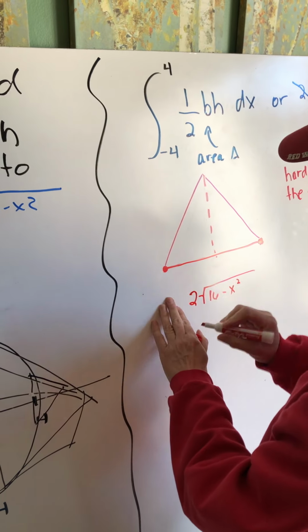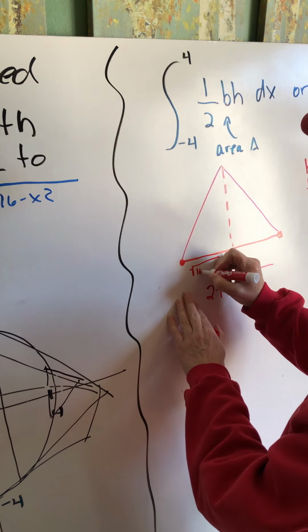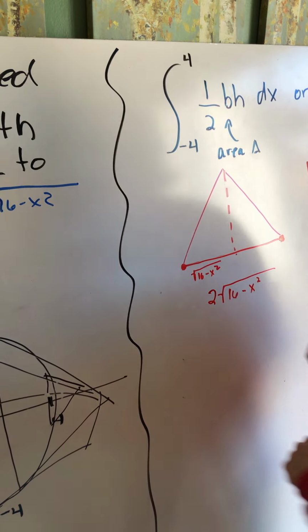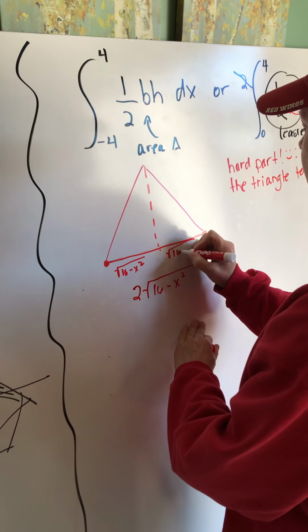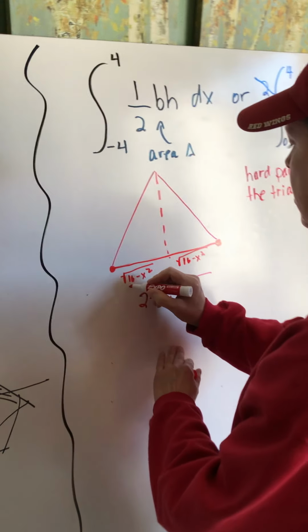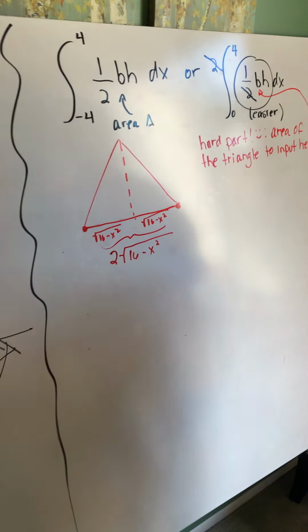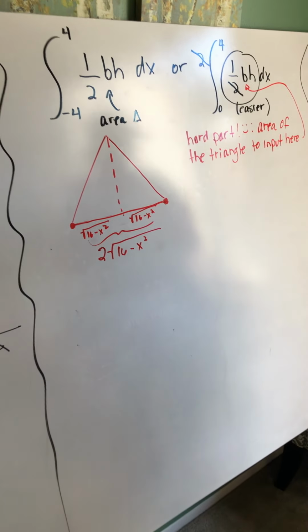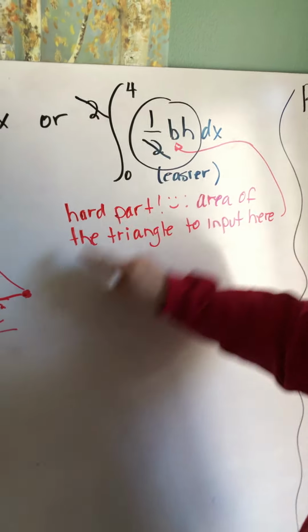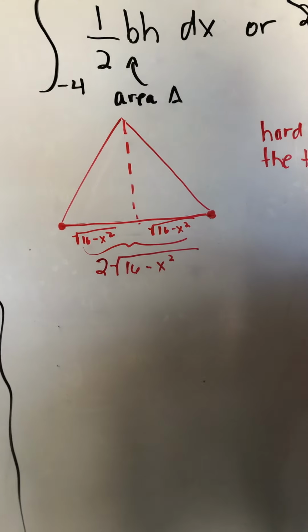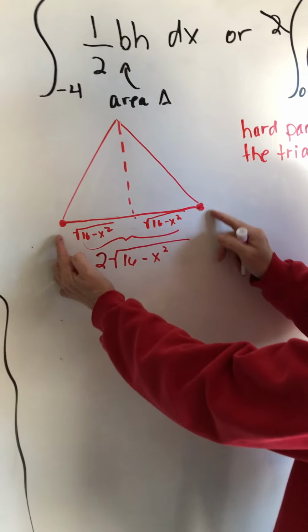And this is, because it's split in half, 1/2 of the base, and here's the other, and 2 of them make 2 square roots of 16 minus x squared. What does this mean? That base right there is 2 square roots of 16 minus x squared. That's how big that base is.